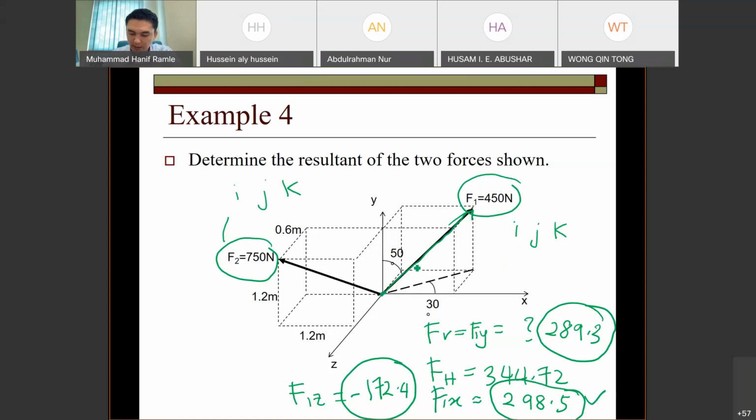If you look at the y-axis, it is from the origin to the positive side, meaning the y value should be positive. Yes, correct. But for the z-axis, if you look at the initial point to the back side of the z component, this one is positive.